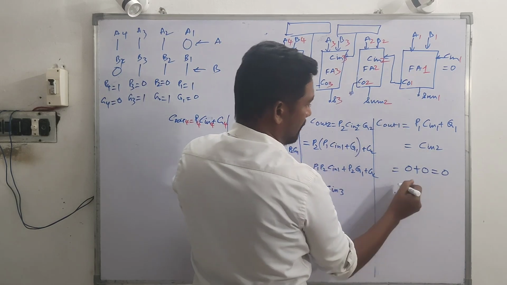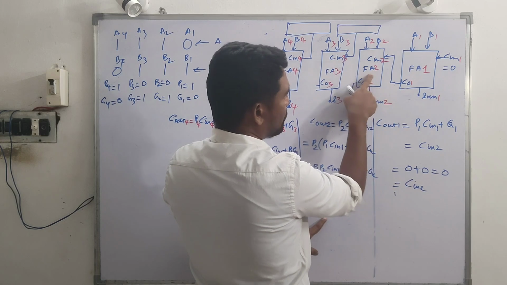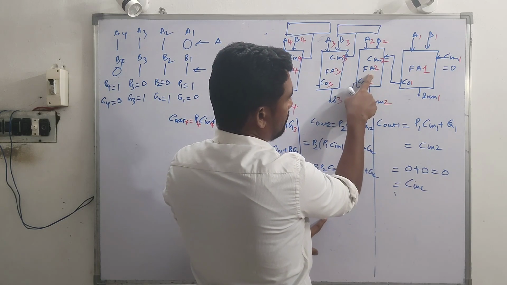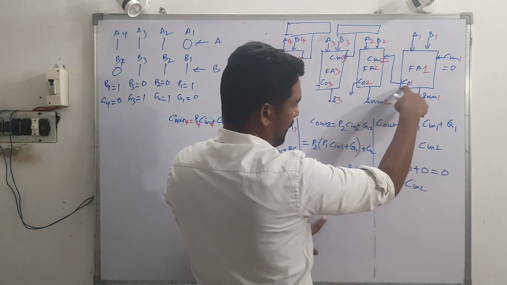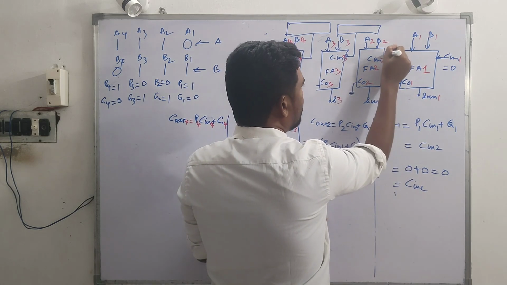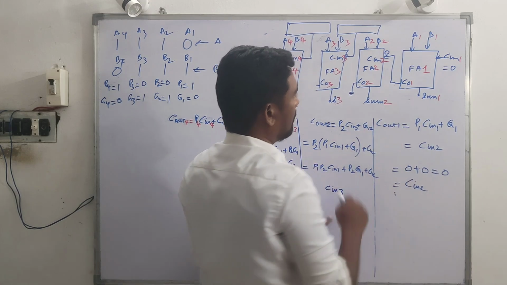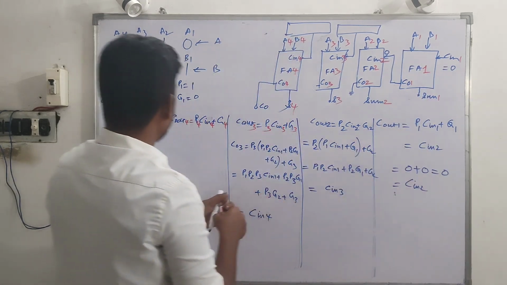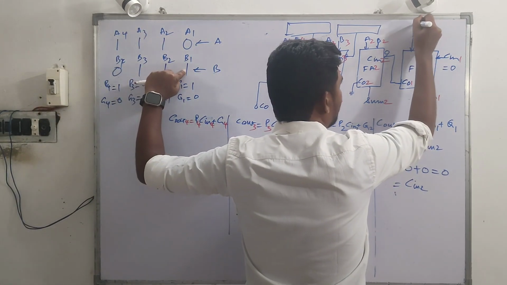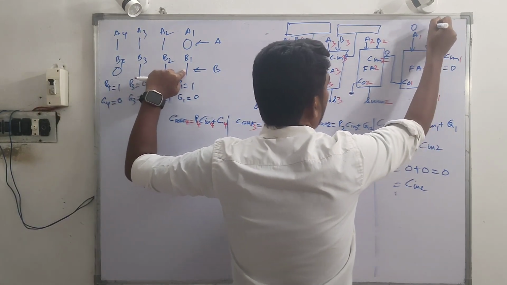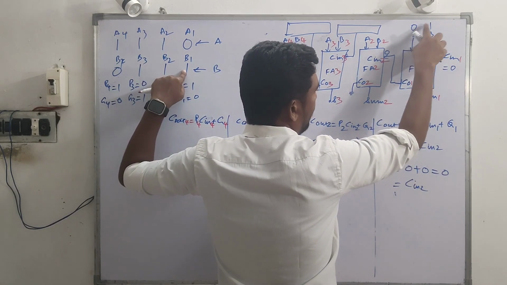And the same thing will be C in 2, in the sense, for the second stage, C in 2 is equal to C out 1, which is 0 over here. That's okay. But let's check with the sum. With C in equal to 0 and A1 is 0, B1 is 1, for this full adder the input is 0, 0 and 1.